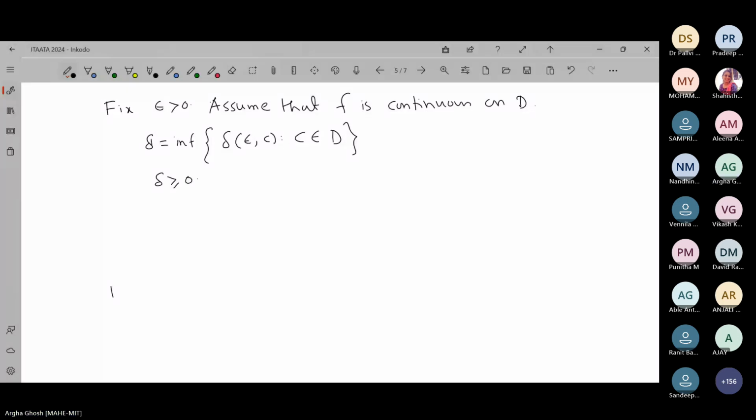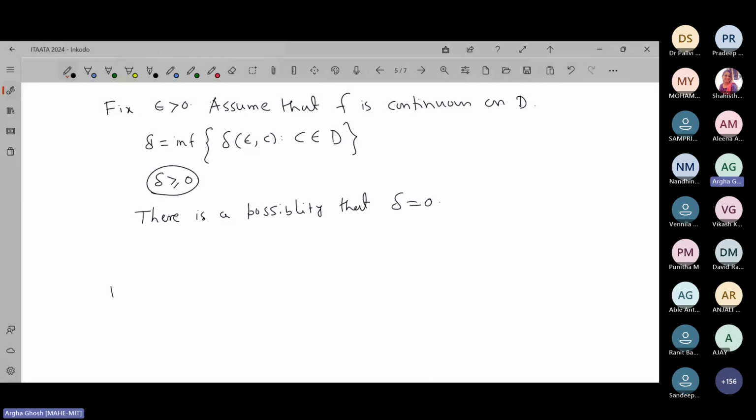That means you might not find a suitable delta which will work for all the elements C. There is a possibility that this delta might become 0.